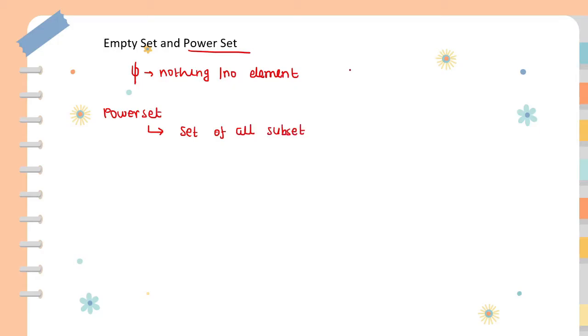So earlier we have assumed a set, so we should consider it. Let us take one example and understand what is power set. Let us assume A is 1 and 2.